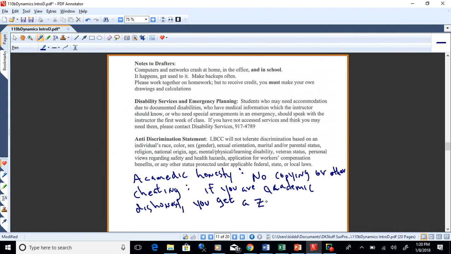Now, if that happens on a midterm, you can't ask the class to get a 0 on a midterm. So just please don't do anything dishonest on this stuff, especially on a midterm, okay? Now, if you're helping someone cheat, that's academic dishonesty, okay? So realize that too.